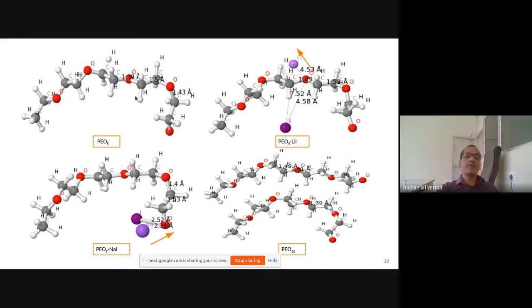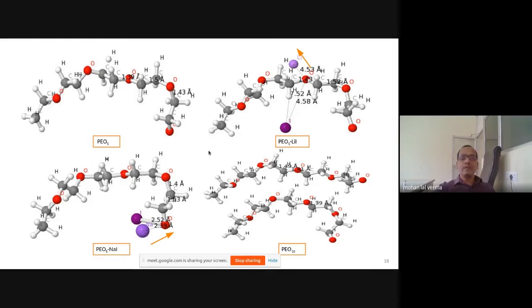We first take the PO5 and optimize it, and then we dope this lithium iodide salt, and a clear-cut interaction is observed between the positive part of the salt and the oxygen, which is just analogous to what the theoretical studies are showing: the positive part interacts with one oxygen, and the neighboring oxygen interacts with the lithium ions, and by hopping, the lithium starts moving and conductivity increases.